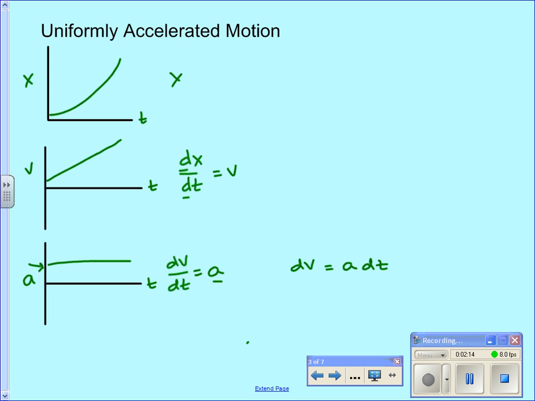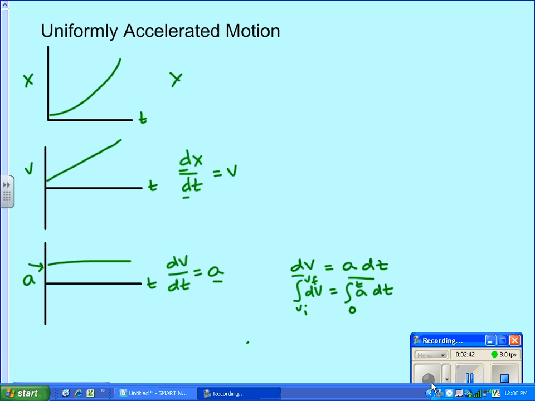If I integrate this, I'm going to do the integral of dv, which should equal the integral of a dt. I'll integrate dv from vi to vf, and the time from t equals 0 to some time t.